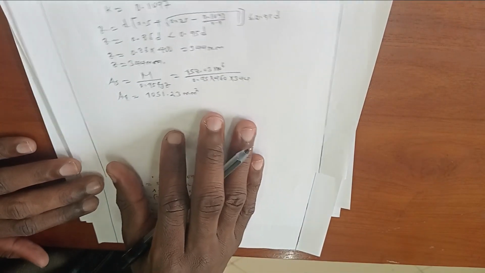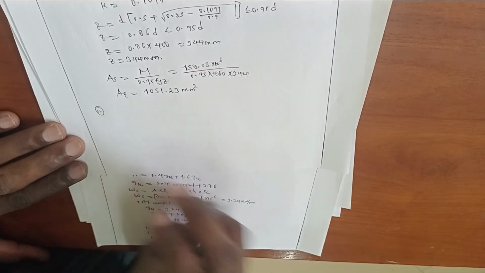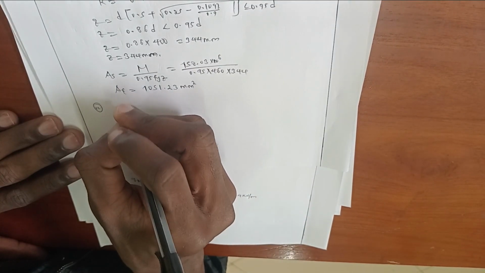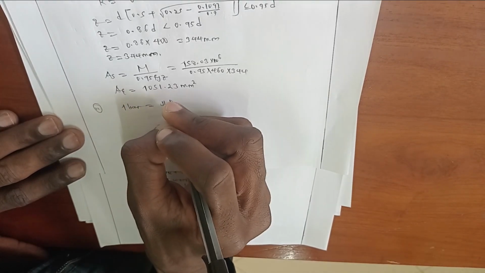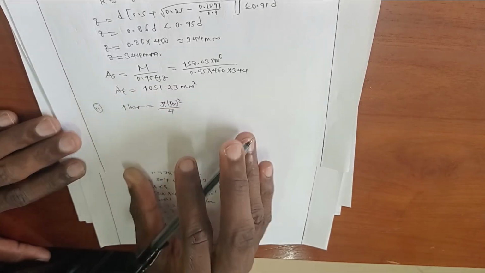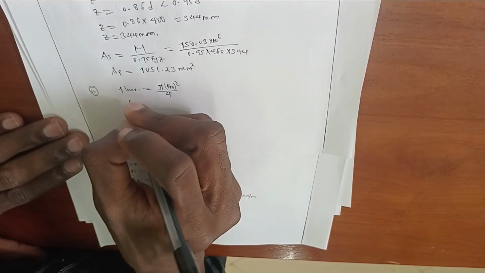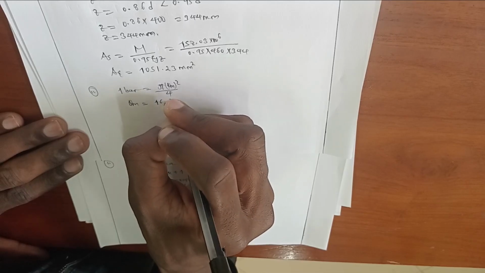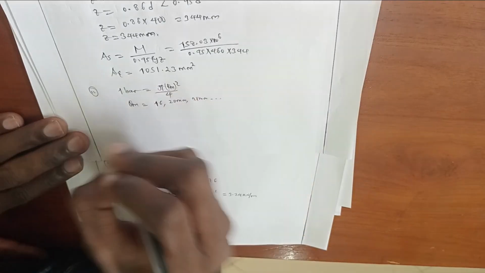So the next step is to determine the number of bars required for the tensile steel. The area of one bar is equal to pi times diameter of bar squared divided by 4. The bar diameters for beams start from 16 millimeter, 20 millimeter, 25 millimeter, and so on.